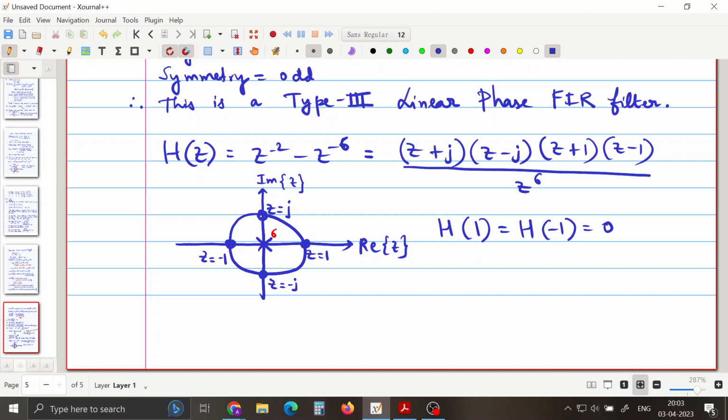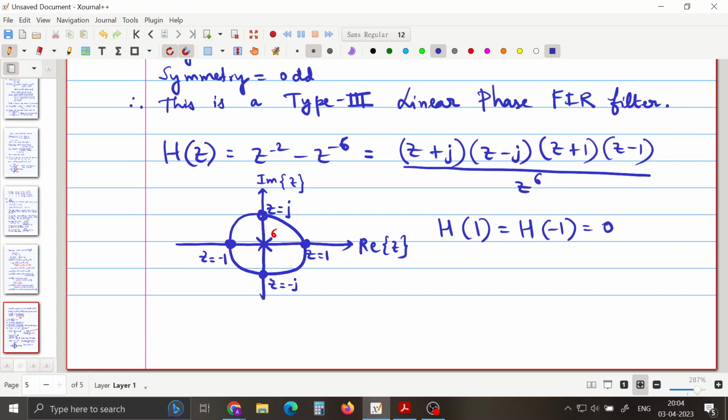Similarly, for a high pass filter, we want the frequency response at omega equals pi, which is z equals minus 1, to be 1, because we are looking for high pass. But the frequency response goes to 0 again at z equals minus 1, because of this 0 located at z equals minus 1. So type 3 can't be used for either low pass or high pass.